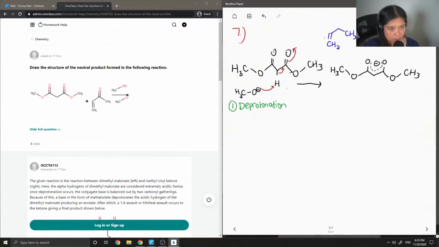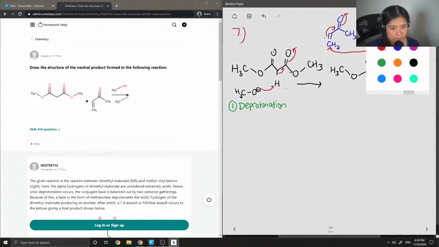Okay, and it also contains a carbonyl functionality. So this negative charge comes in and attacks the carbon. And then I'll just draw the movement of electrons going up like that.